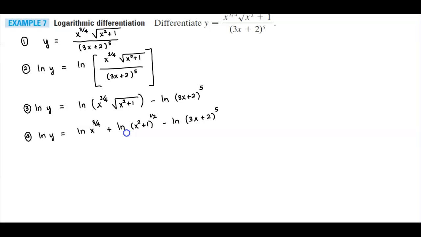Okay, and now we're going to use the power rule for logarithms. So we have the natural log of y equals 3/4 times the natural log of x plus 1/2 times the natural log of x squared plus 1 minus 5 times the natural log of 3x plus 2.